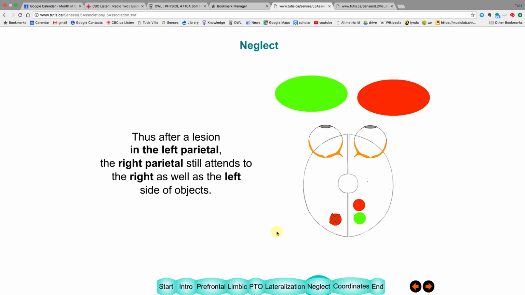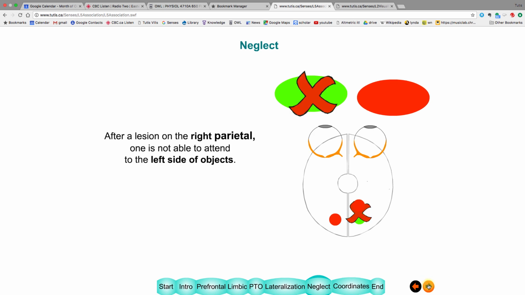And so if you have a lesion over here, then both the left and the right will still be active. You'll still be able to see something over here and over here, and you won't have neglect. But if you have a lesion over here, then this side can't see over here, just over here.